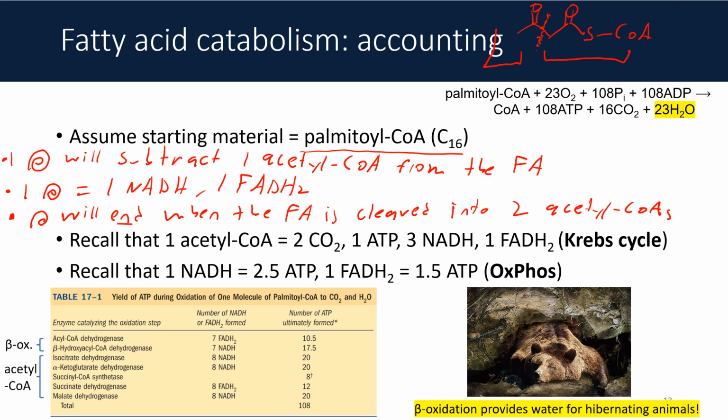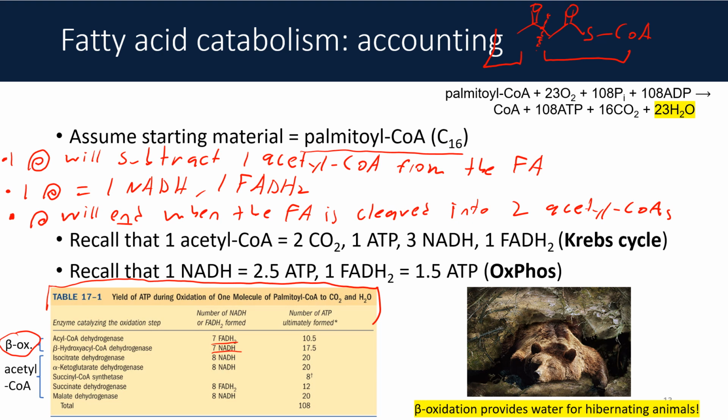So let's create a little table down over here of all the goodies we get out of one bout of fatty acid oxidation. This portion over here is going to represent the 7 FADH2s and NADHs we make upon doing 7 churns of the fatty acid spiral.